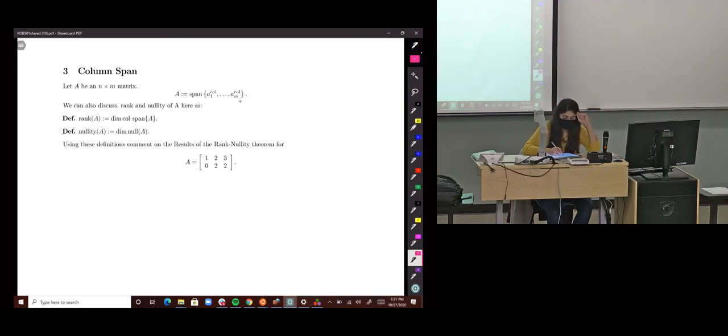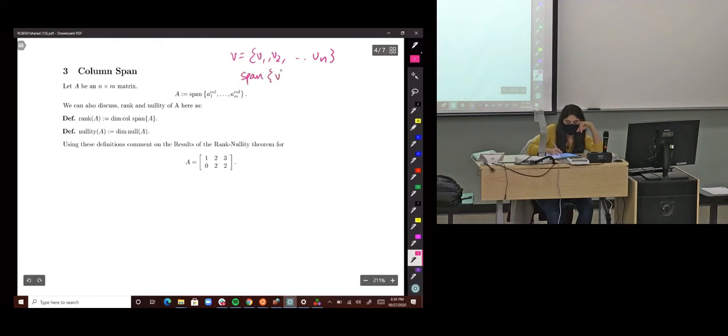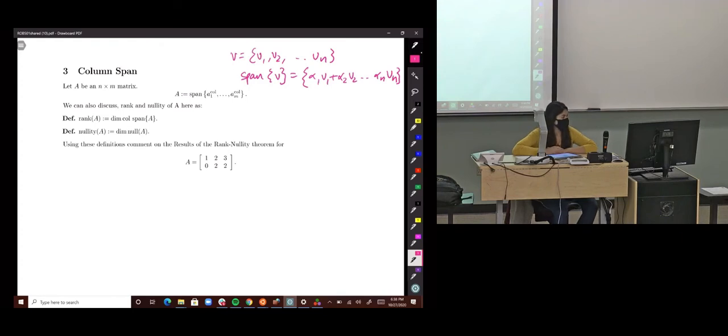So the span of any set is basically, let's say there's a set V, V1, V2 to Vn, then the span of V is the linear combination of all the elements in V, which is alpha 1 V1 plus alpha 2 V2 to alpha n Vn, where alpha 1 to alpha n can be any number in the set of real numbers.